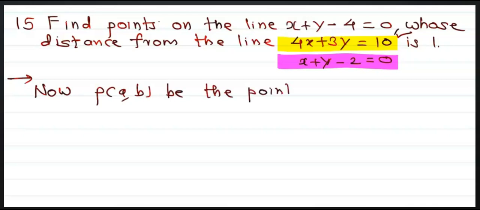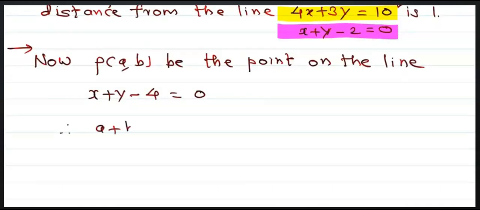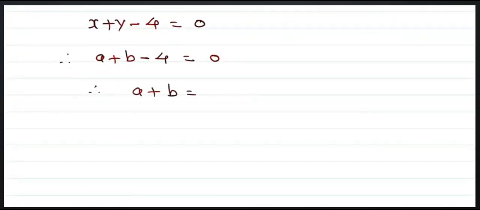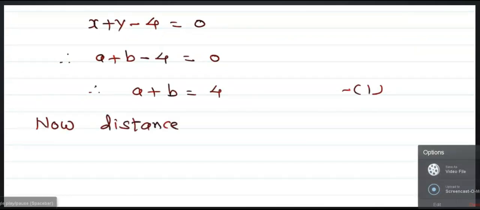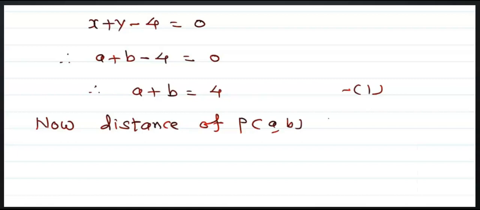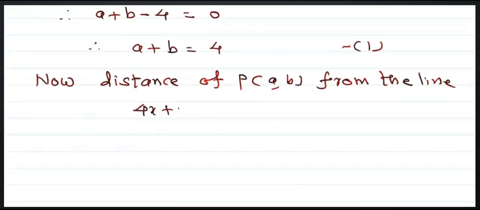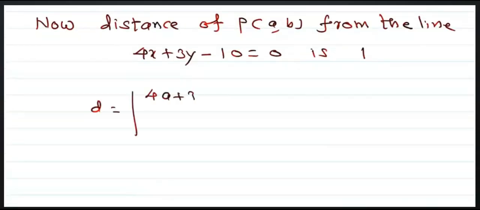Now let P(a, b) be the point on the line, that is x plus y minus 4 equals 0. Therefore a plus b is equal to 4. Now the distance of P(a, b) from the line 4x plus 3y minus 10 equals 0 is 1.